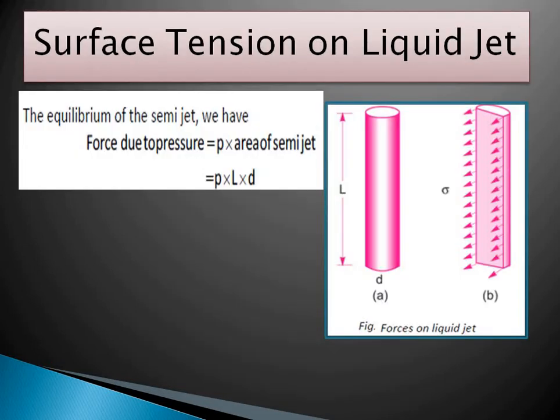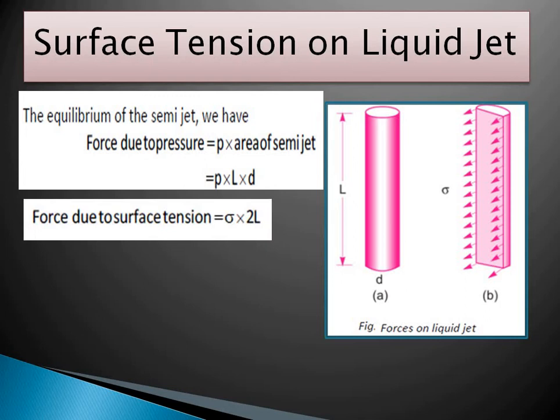Now for the equilibrium of the semi-jet, the force due to the pressure is equal to P into the area of the semi-jet. So P into L as the length into D, which is the diameter. The pressure force is acting opposite to the sigma force, and the sigma force is acting as sigma into 2L, on both sides of the length. Here in the figure itself it is observed, this is one length, this is the second length, over which circumferential stress sigma is acting.